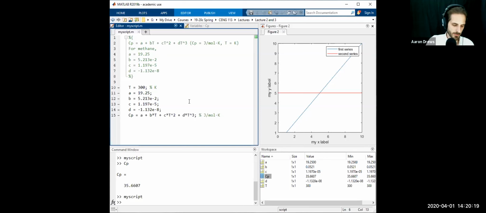Actually, there's yet another form. You'll see it if you look back in your appendix. There's a really cool appendix. So these heat capacities for ideal gases are all calculated theoretically. They're never actually measured. And the form that they use comes from a combination of statistical mechanics and quantum mechanics.